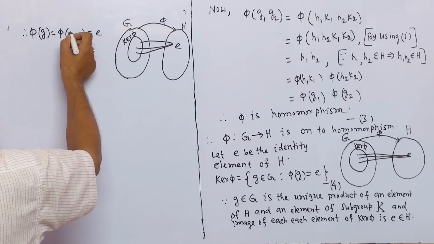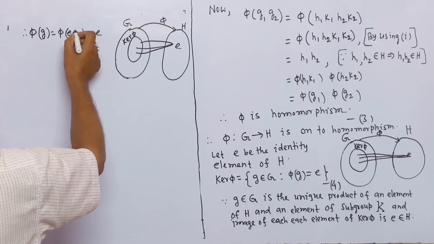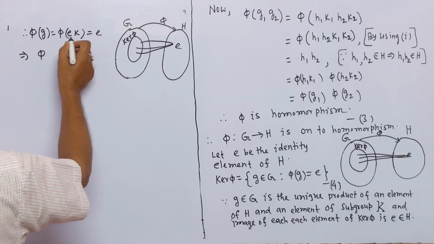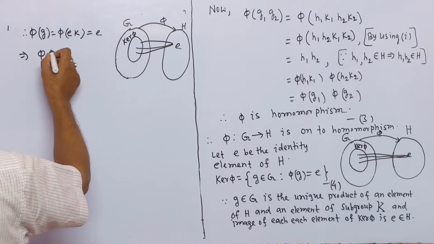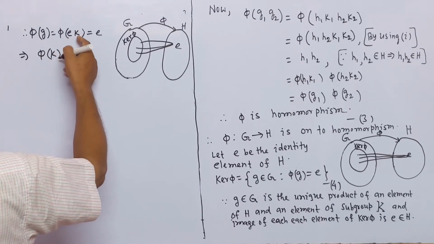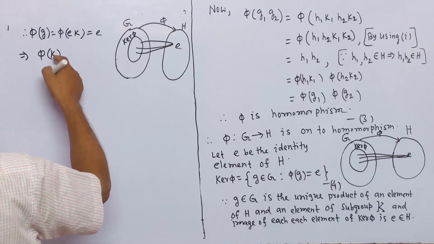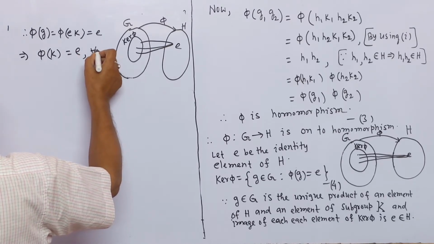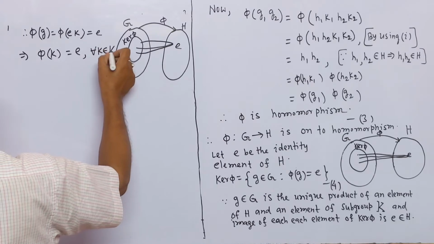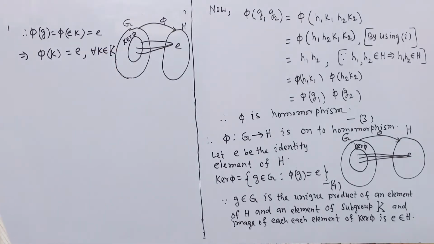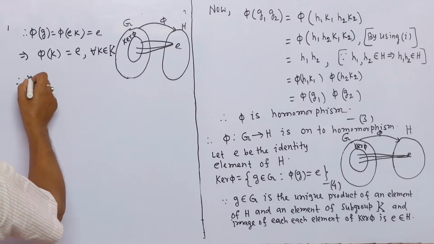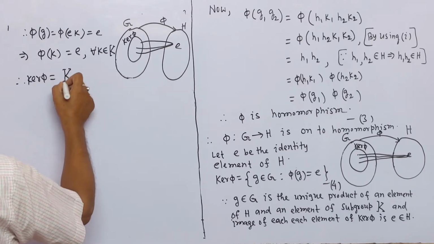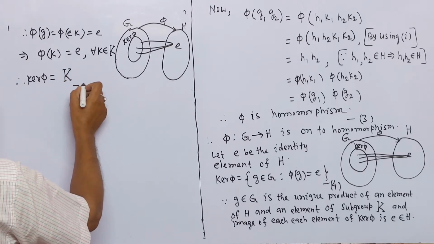Therefore, here will be e and here an element of subgroup K, which implies phi(ek) equals e for all small k belonging to subgroup K. Therefore, the kernel of phi is the subgroup K. This is number 5.